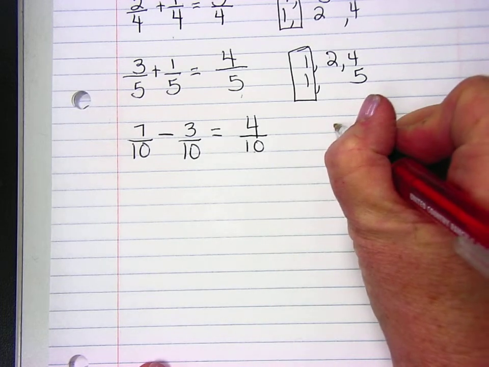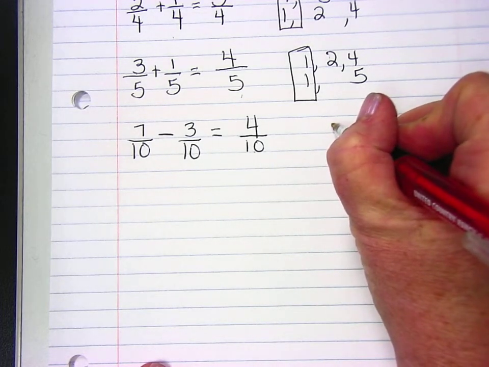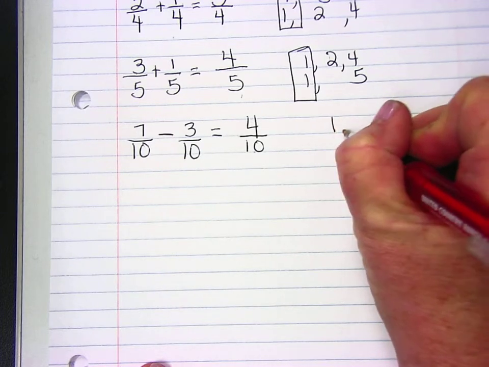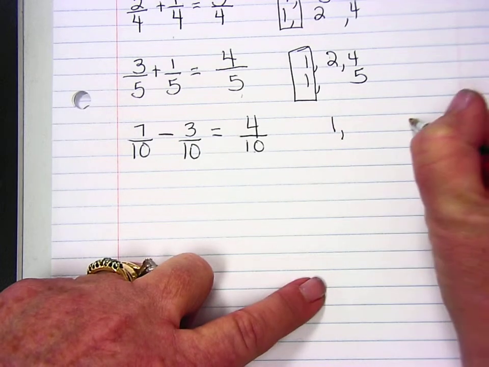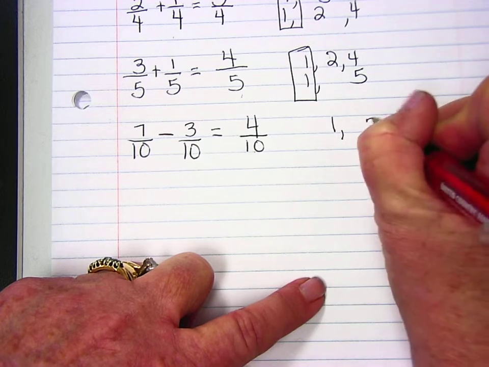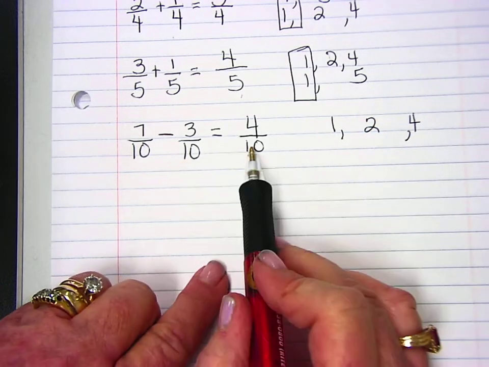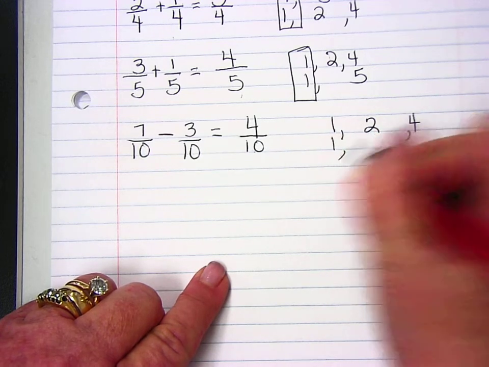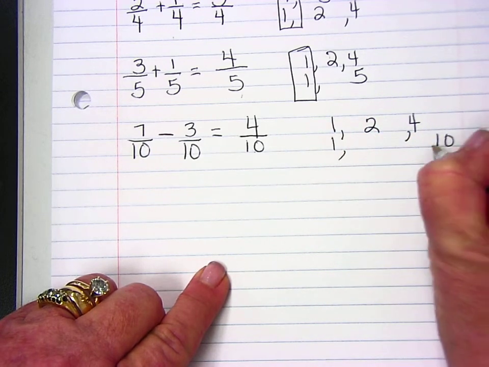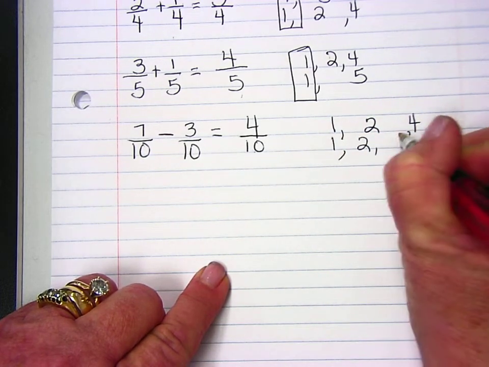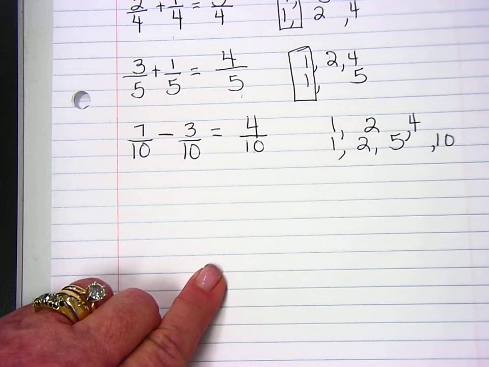What are my factors of 4? What can I multiply together to equal 4? Well, I always start with 1. 1 times 4 and 2 times 2. Those are all my factors, right? Now what can I multiply to equal 10? 1 and 10, 2 and 5. What are common?